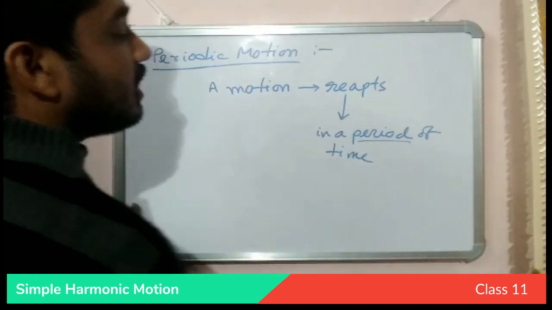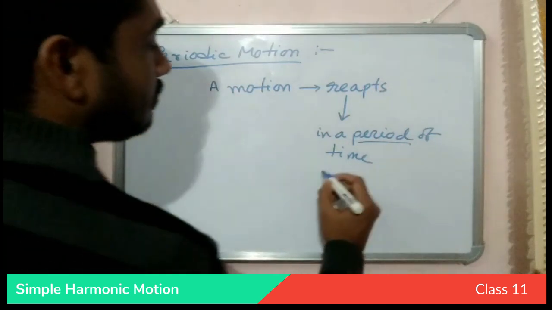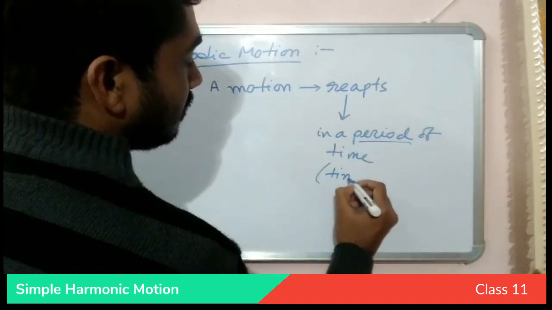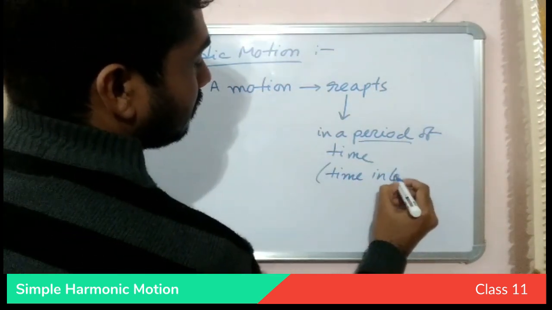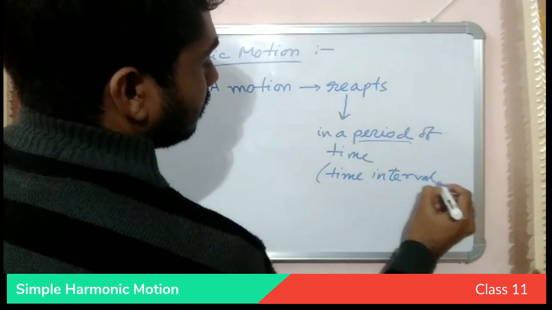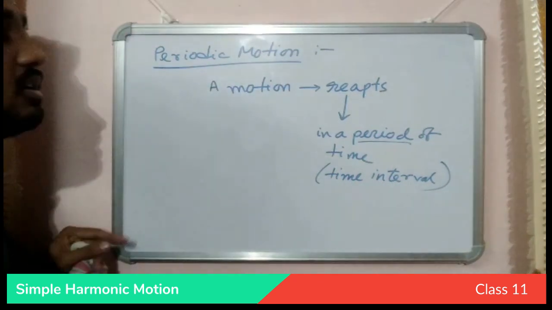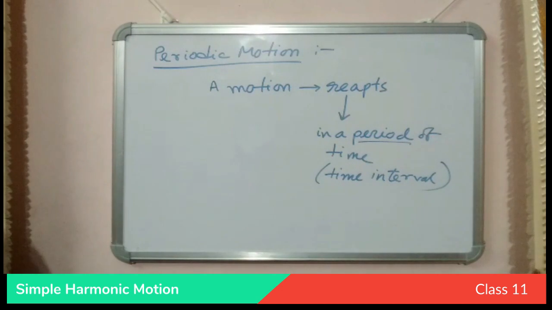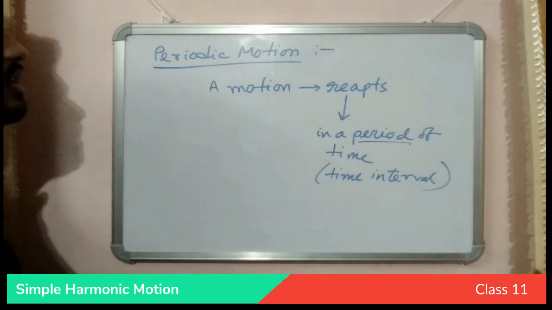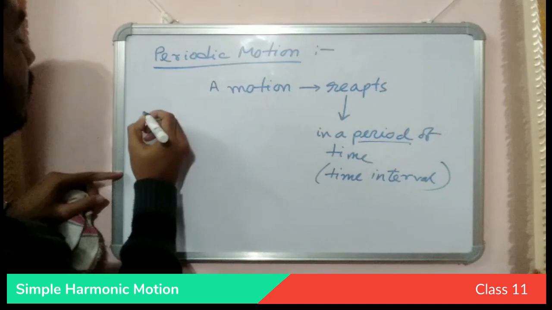Period means a particular time interval. That is a periodic motion. So let's start with some examples.